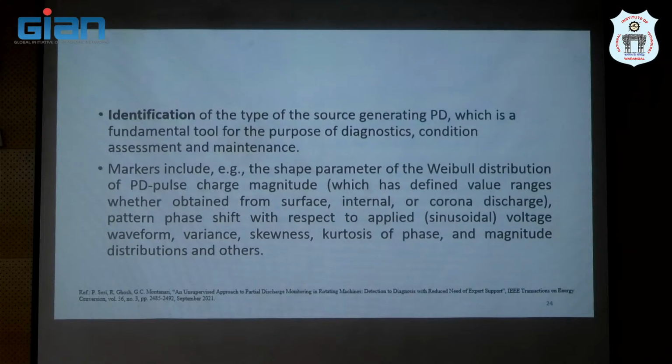So we can identify what type of faults based on these shape parameters of different variable distributions. As sir was explaining about variance, skewness, kurtosis, in the time domain analysis, this helps in identifying what the defect could be.